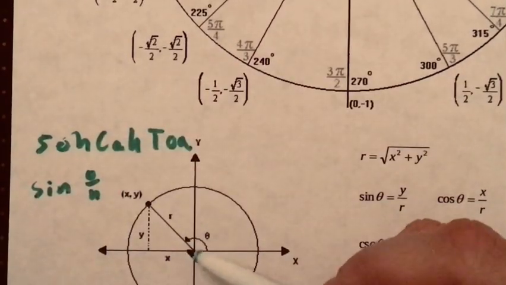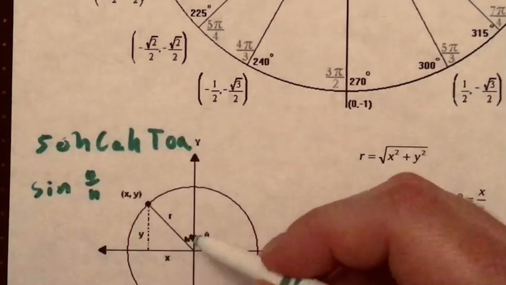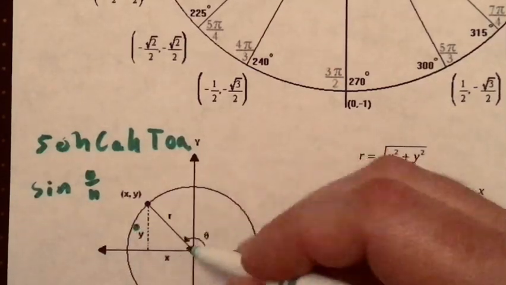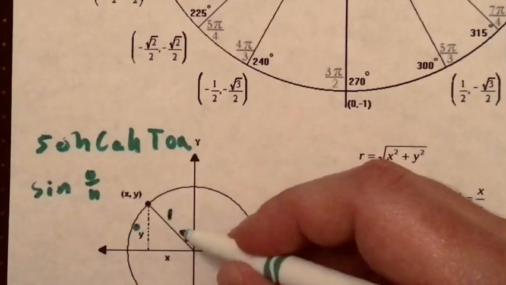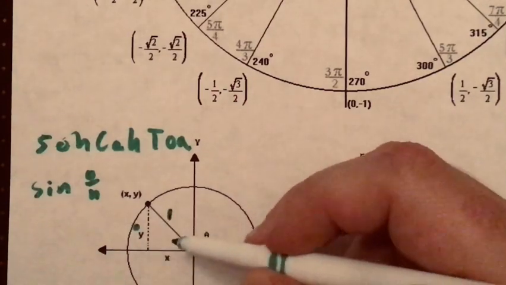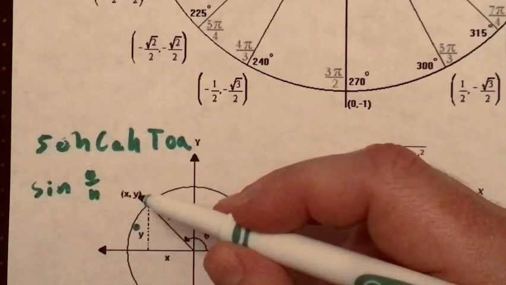If I look here, from this angle going around the circle, we call that theta. This y is the opposite, and the radius is 1. So if I want the sine of this triangle, it's just the y value of this ordered pair.